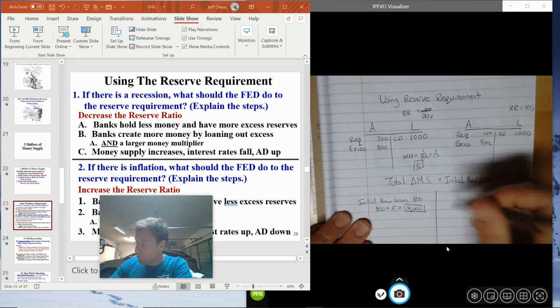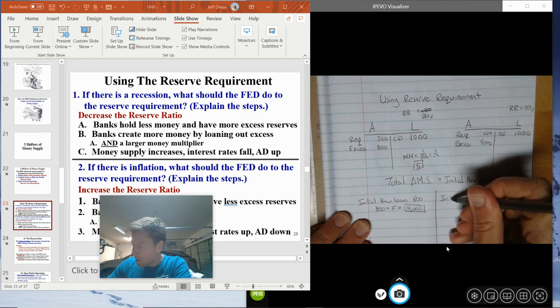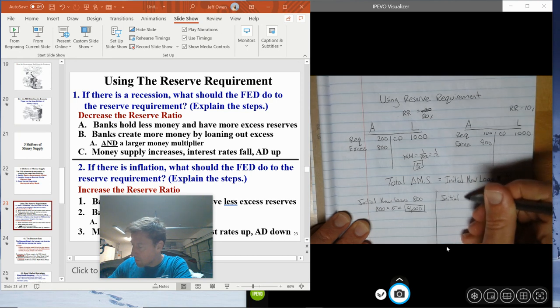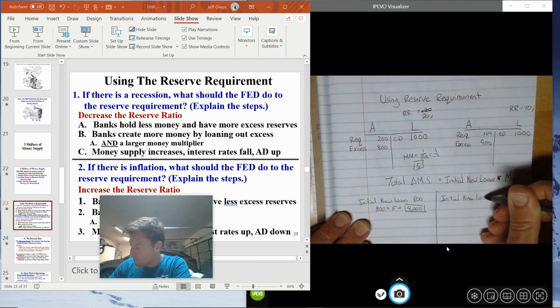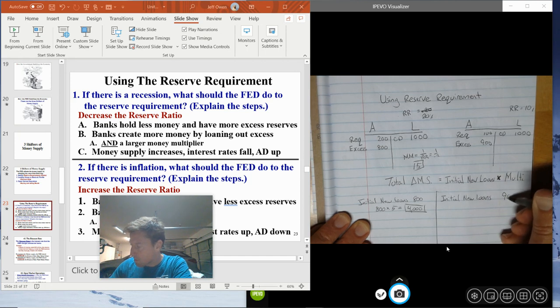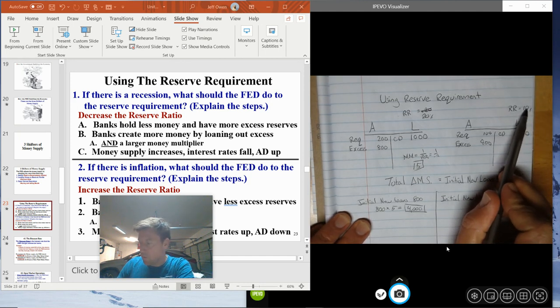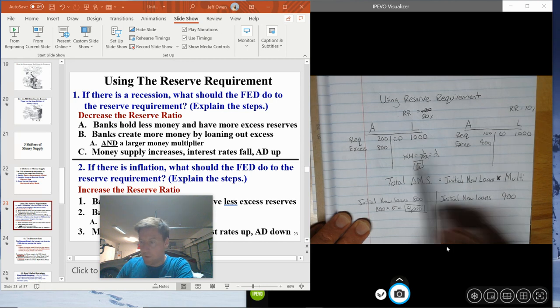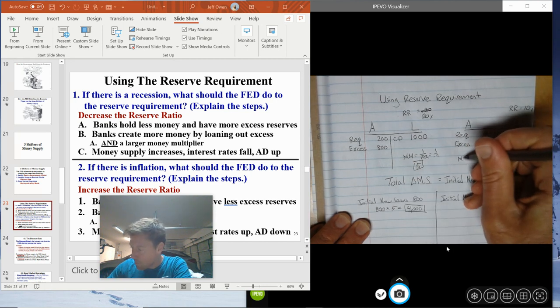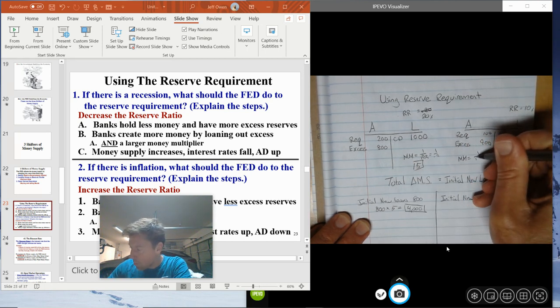So right off the bat, my initial new loans have now jumped to $900. They can already create more money, but this is compounded because my required reserve ratio dropped, which means my money multiplier increased. In this case, my money multiplier is 1 over the required reserve ratio, or 1 over 0.1.